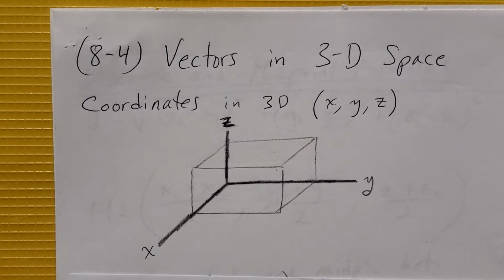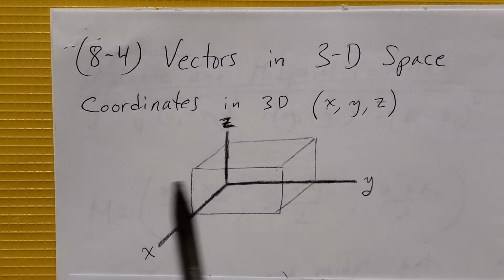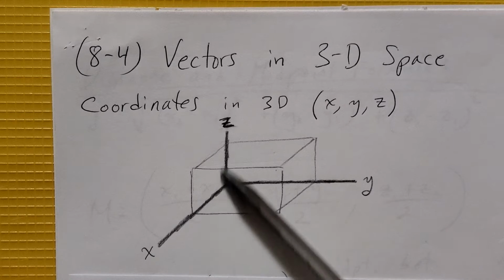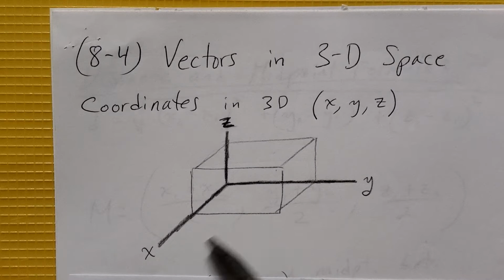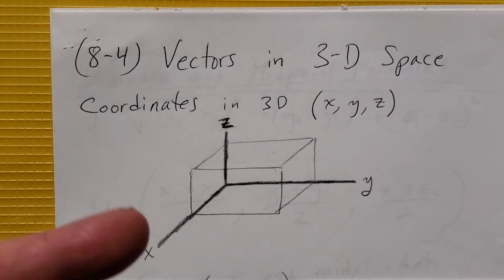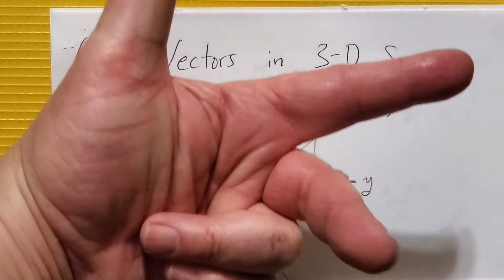So you've got to get used to this, but in 3D coordinates, this direction is the y direction. Up and down is the z direction, and the in and out is the x direction. Some teachers I've seen, they've shown their students with three fingers.